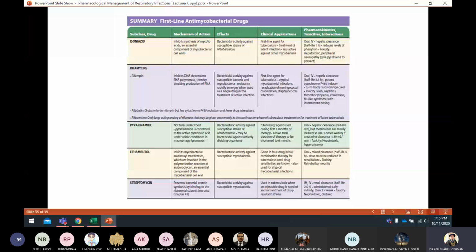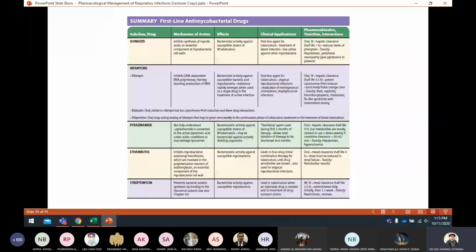But you can see here in the last column there, the toxicities. So there are a few peculiar toxicities that we like to ask about. But as a matter of fact, the most important toxicity for all 4 drugs is actually the hepatotoxic effects.